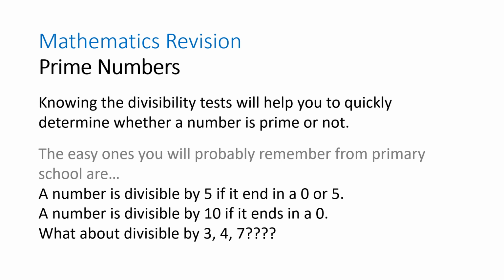Then I would get rid of anything on the 5 times table unless it's 5. Then I would look at square numbers that I know, get rid of them, and then get rid of the 3 times tables. If you get rid of all of those, then you will pretty much be left with prime numbers.